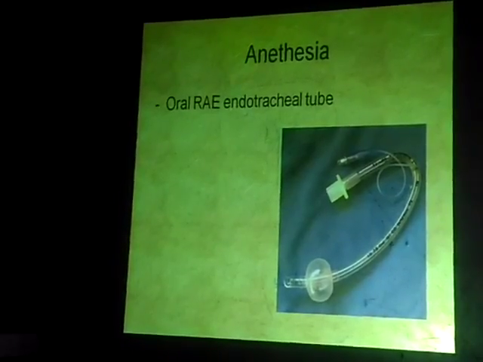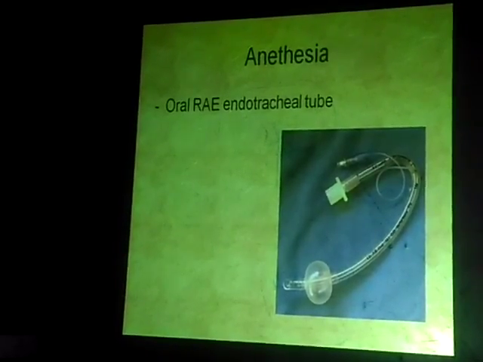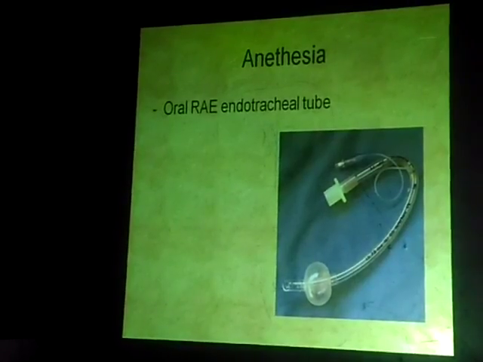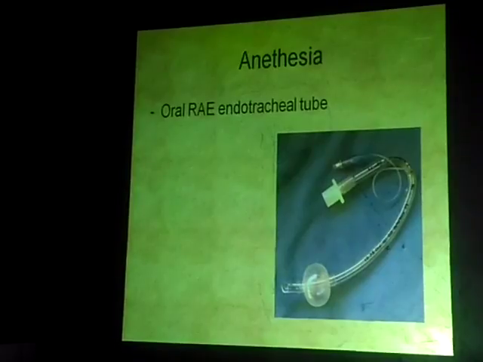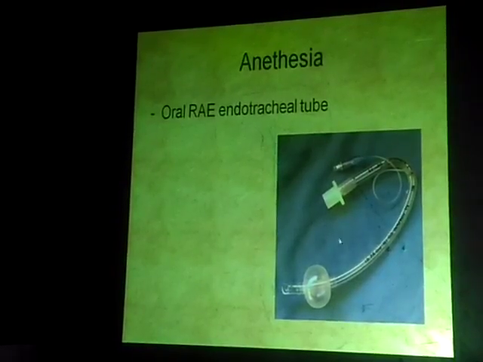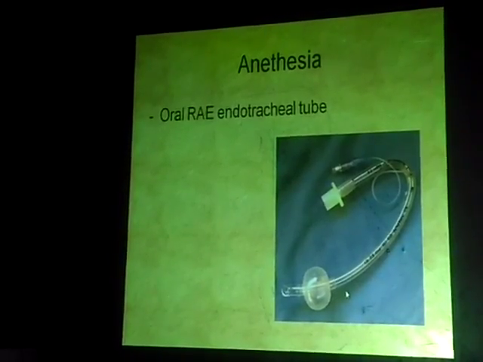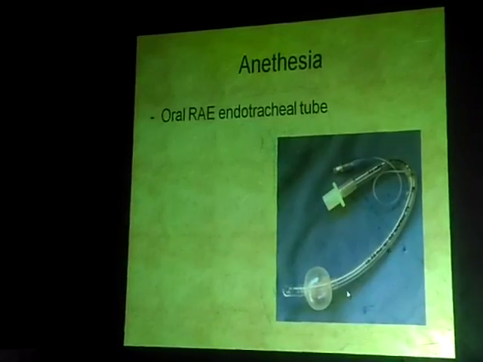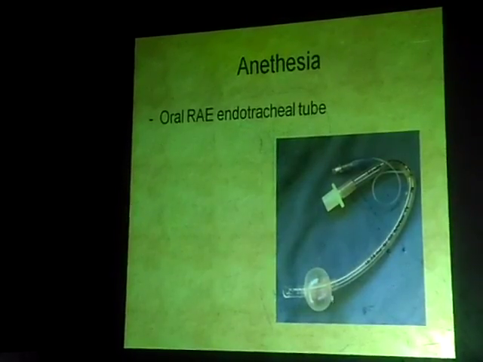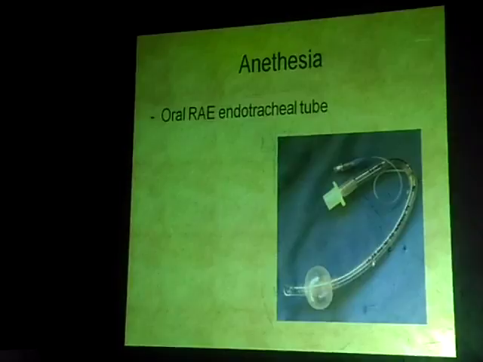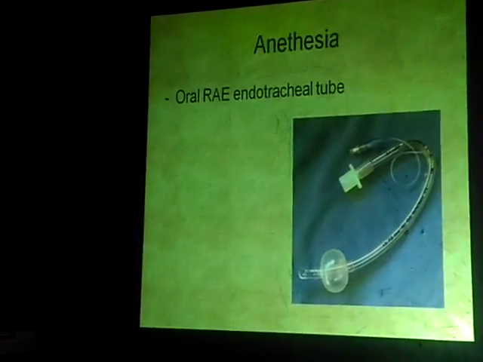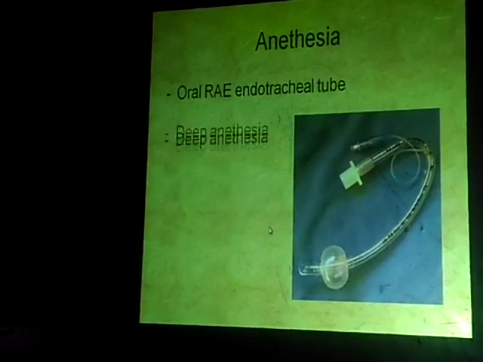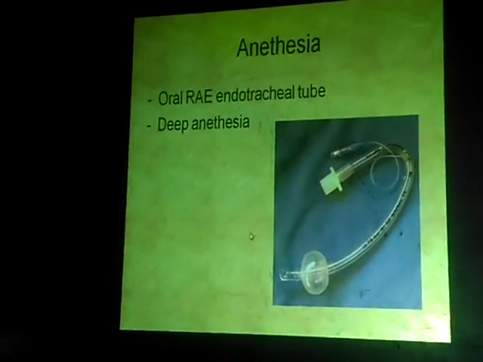This is something that should stop, and any patient who will undergo adenoidectomy or tonsillectomy should be intubated using a RAE endotracheal tube, oral tube, and the mouth blade of the mouth gag should accommodate the endotracheal tube and push it upwards with the tongue away from your field.